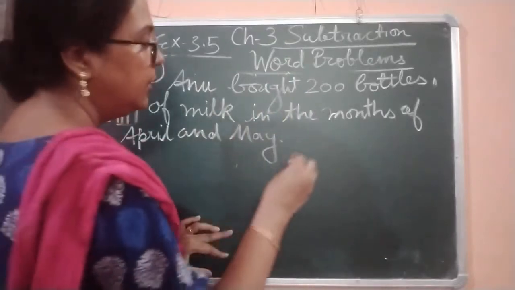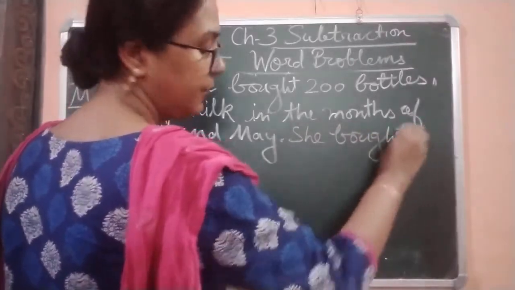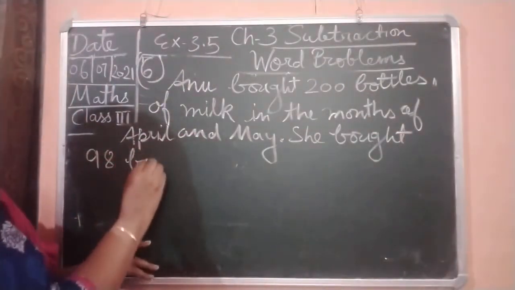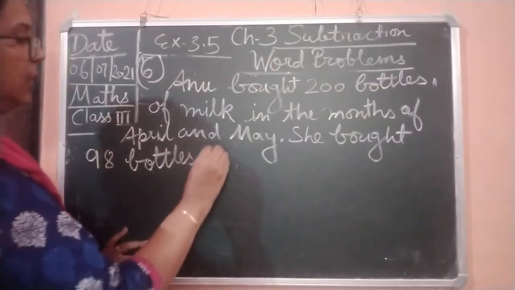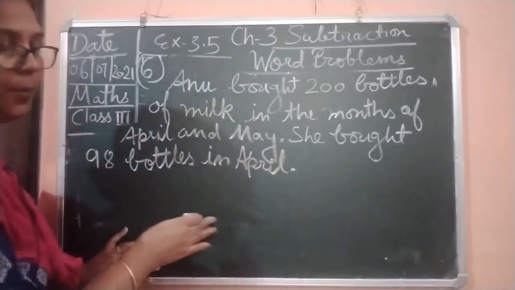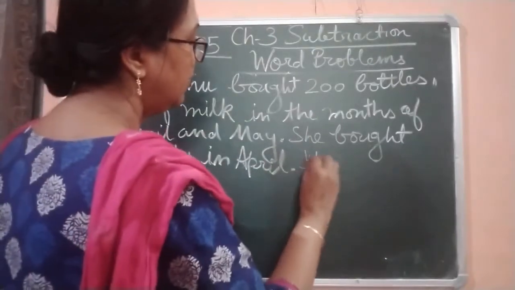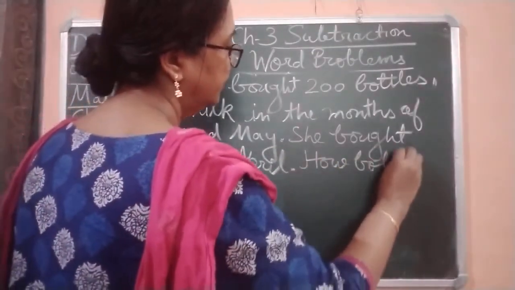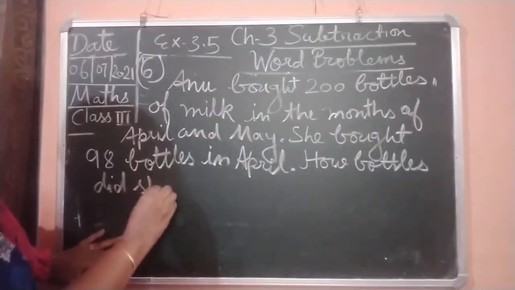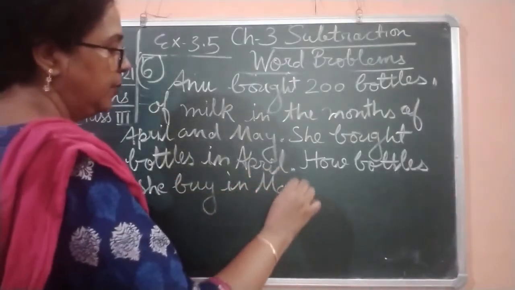Now she bought 98 bottles in April, only in April. So how many bottles did she buy in May?